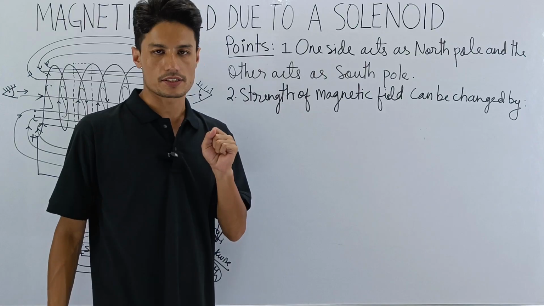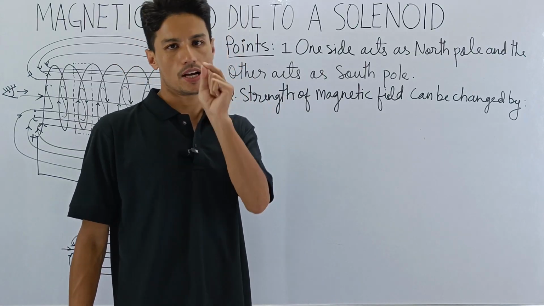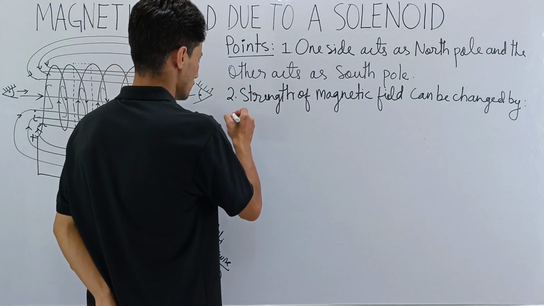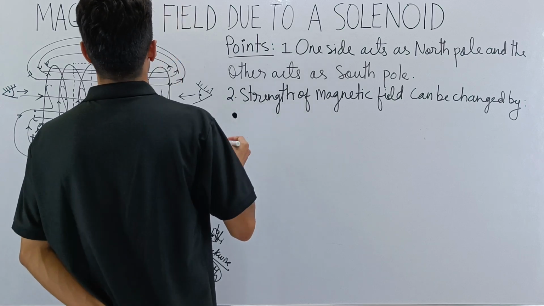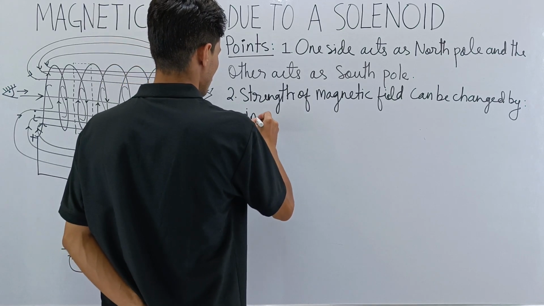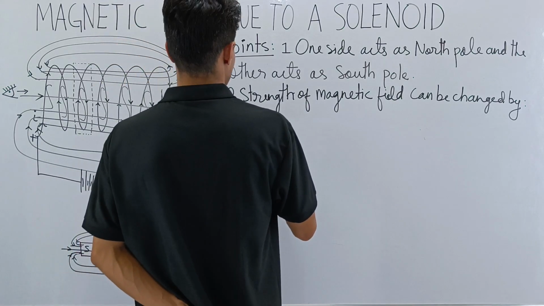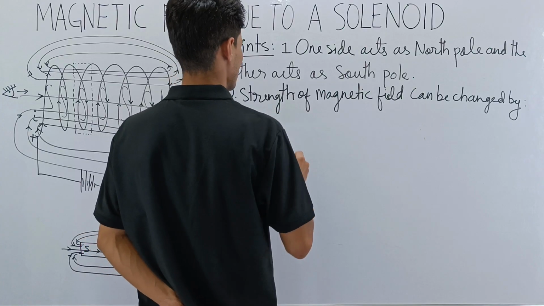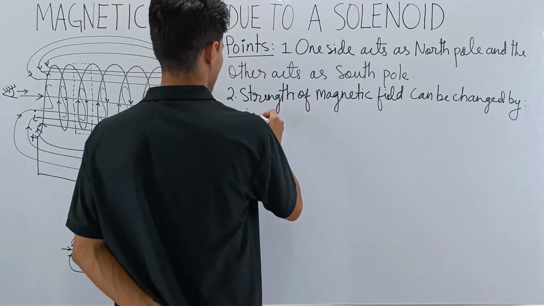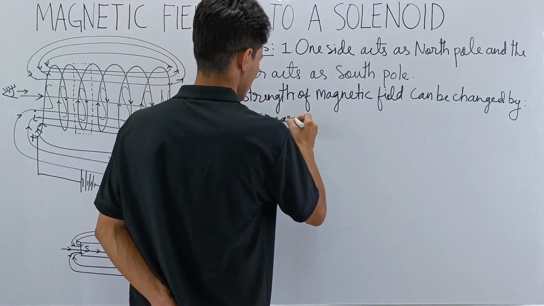It depends on certain factors. Let us have a look at each one of them one by one. The strength of the magnetic field can be changed by, first, increasing the amount of current.